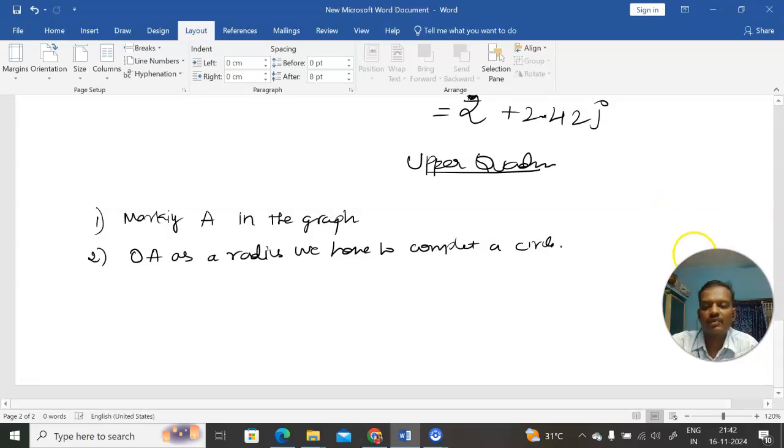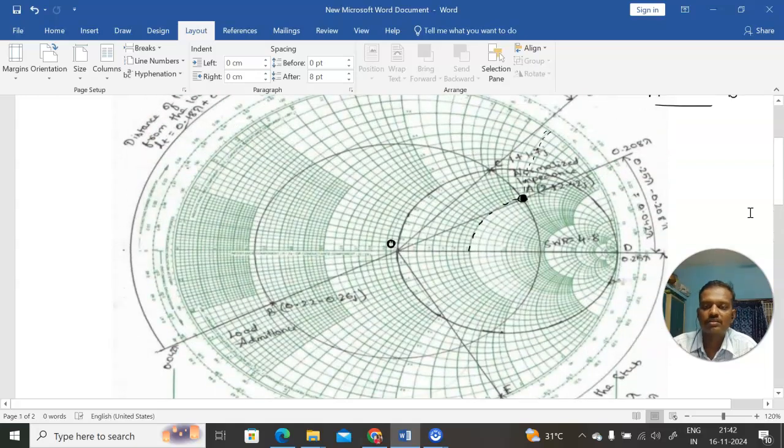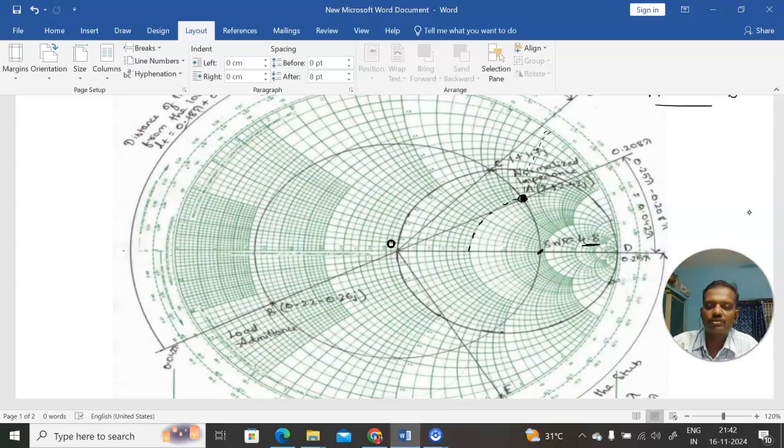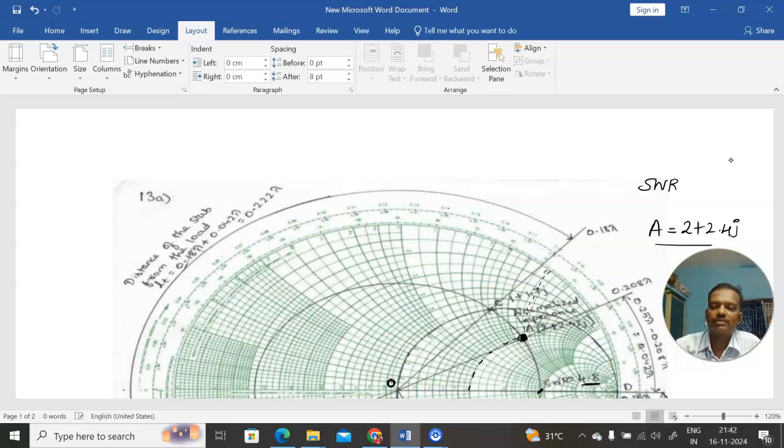Okay, so in this sum you could see the SWR value. So this almost comes as 5, so exactly this comes as 4.8. So here the SWR value is 4.8.